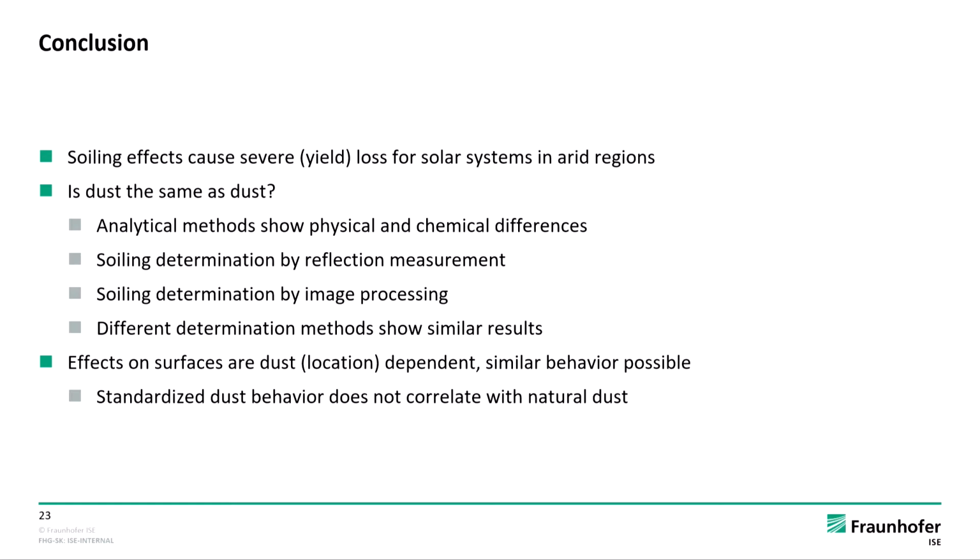We had quantified. We saw the yield loss on solar systems in different areas and different locations. Especially our focus is on the arid locations, which is the desert. This is the MENA region, Middle East, North Africa, really large, really a future market for solar industry.